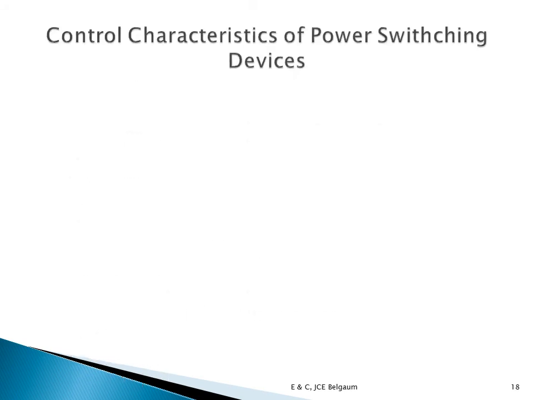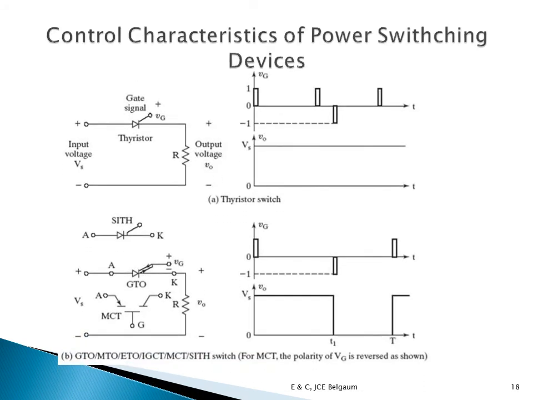If you look at the control characteristics here, this is a half wave rectifier, but I'm using an SCR. I'm applying a positive and negative voltage at the input, which I will call Vs. So you can see this Vs. And what is this?